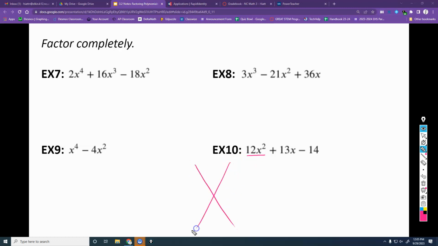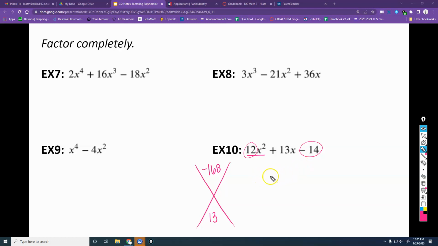So if I'm using X method, the number that goes right here is going to be 12 times negative 14. So let's grab the calculator to make this a little bit faster for us. 12 times negative 14 is going to be negative 168. And then we put our 13 right here is what we need.